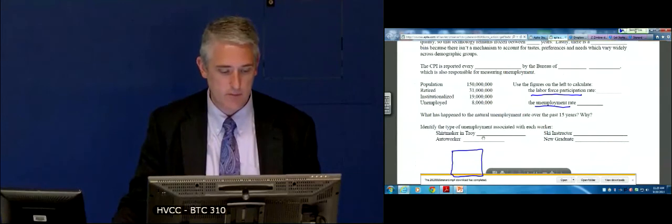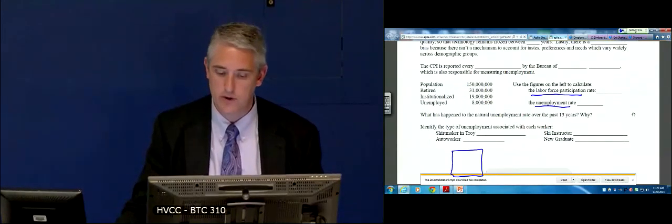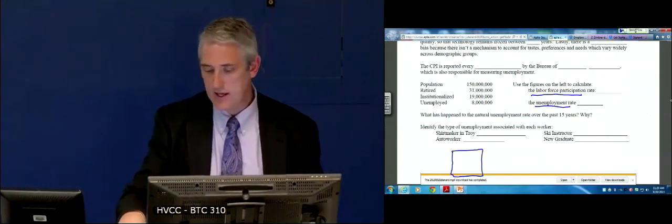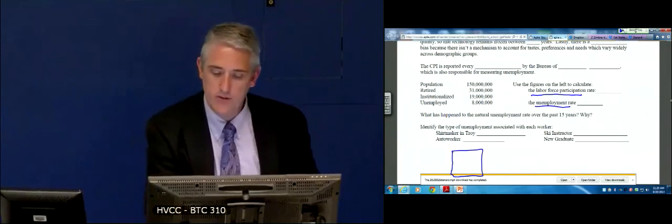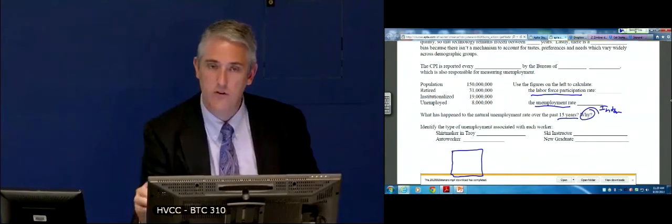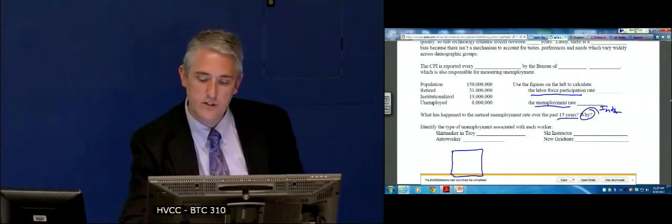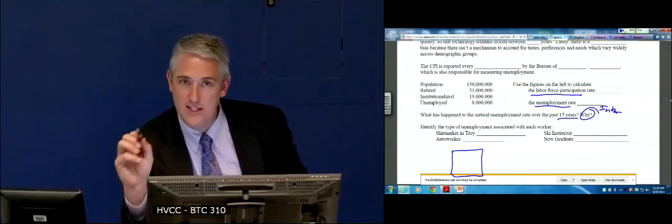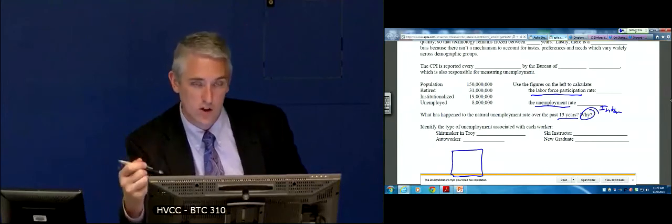Lastly, we get down to the bottom here, what's happened to the natural unemployment rate over the past 15 years. In that case, you say, what has happened in the last 15 years is we have the internet. And the internet has allowed for efficiencies. Efficiencies in finding a job, efficiencies in getting people to know that you are looking for them and finding the right person fast.